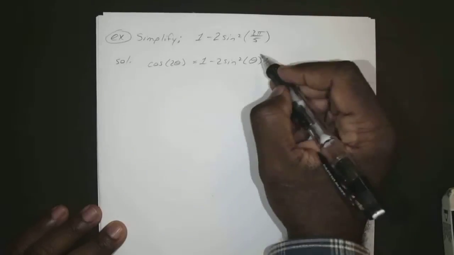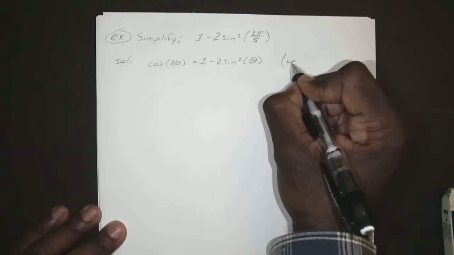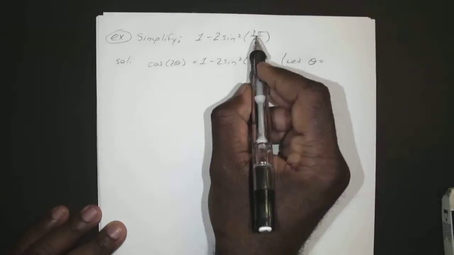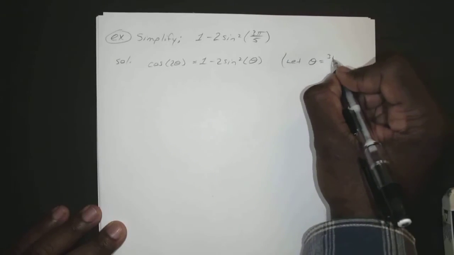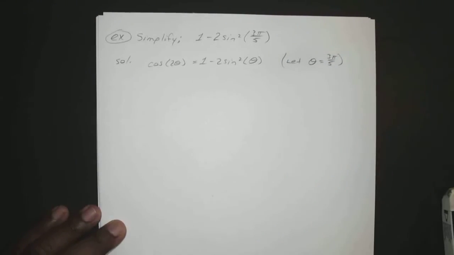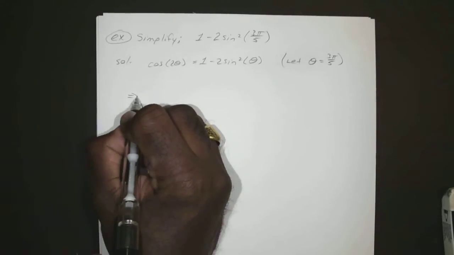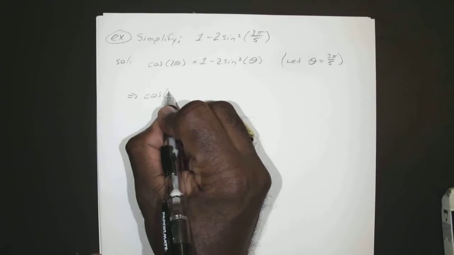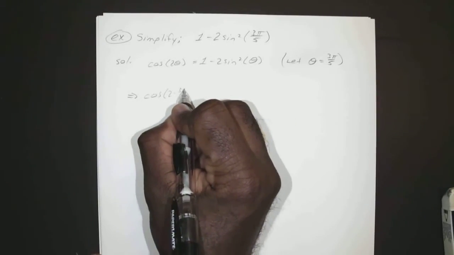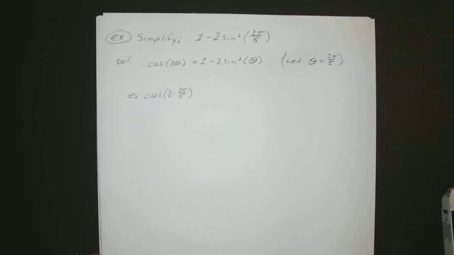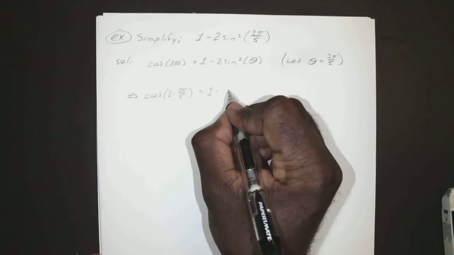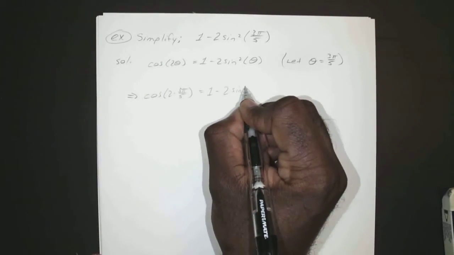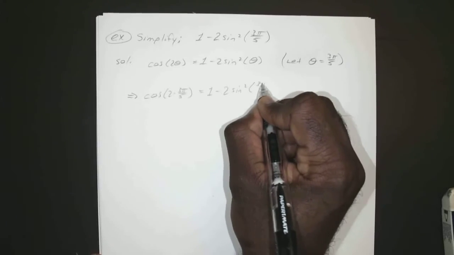Okay. So that means if we let theta equal 3 pi over 5, cosine of 2 times 3 pi over 5 is equal to 1 minus 2 sine squared of 3 pi over 5.